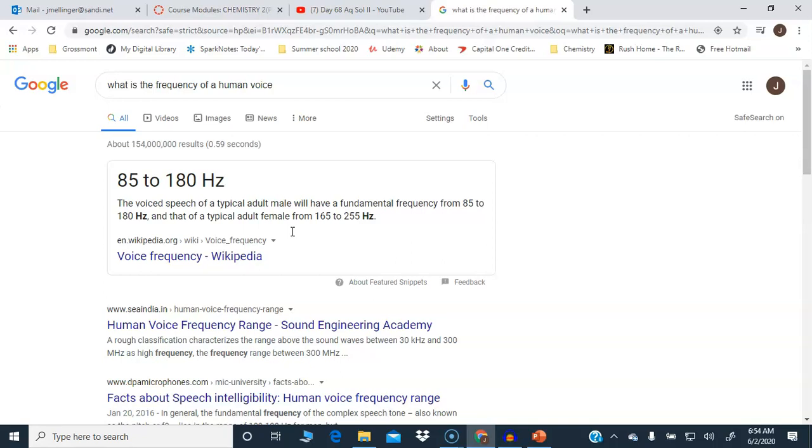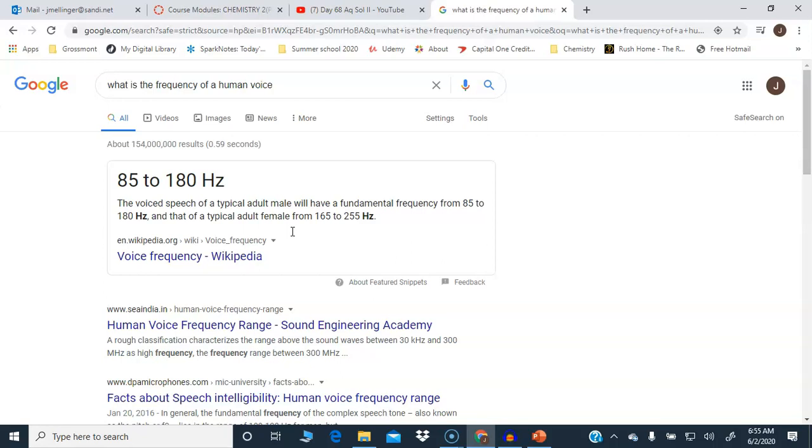And up at the top there it gives 85 to 180 hertz. Well, that's for the typical male. So let me read it. The voiced speech of a typical adult male will have a fundamental frequency from 85 to 180 hertz. So mine is in that range.